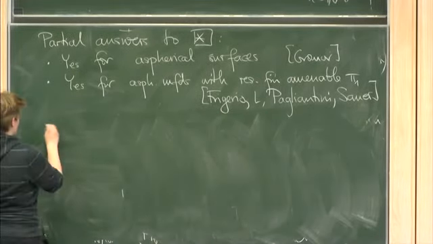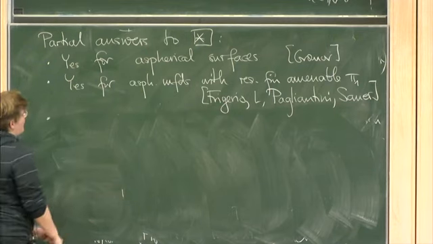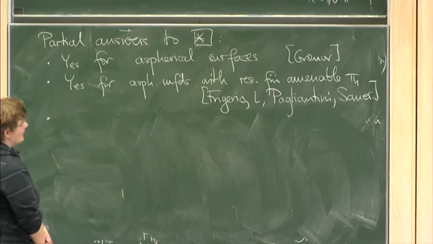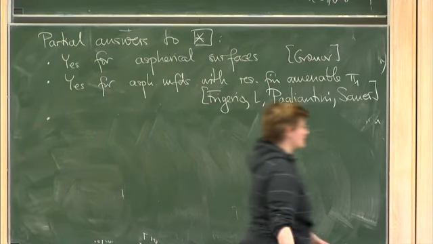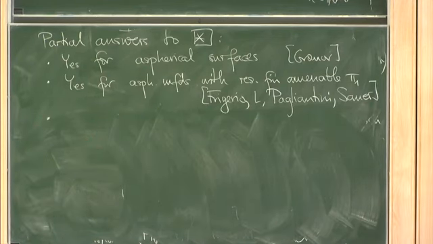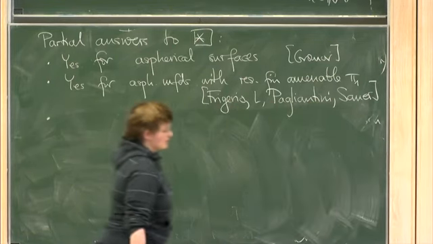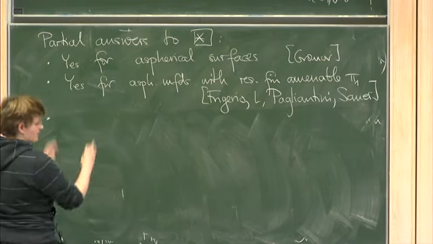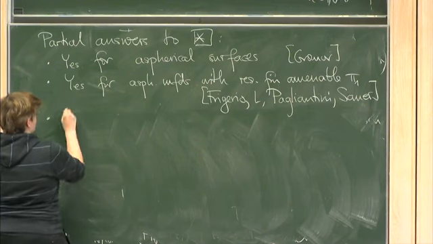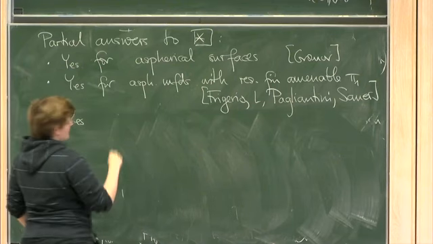Okay, so let's see, what else have we got? Well, now, one other example here is that if you have, say, for simplicity, an aspherical manifold and it admits a non-trivial S1 action, then you also get vanishing of the simplicial volume, and the same thing can also be done for this approximation.